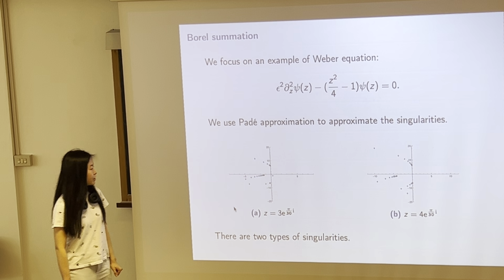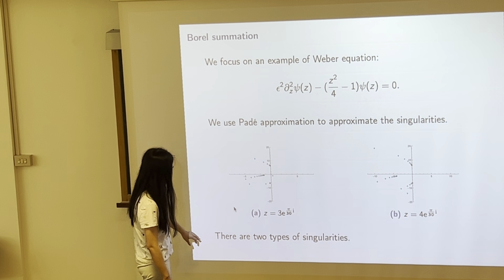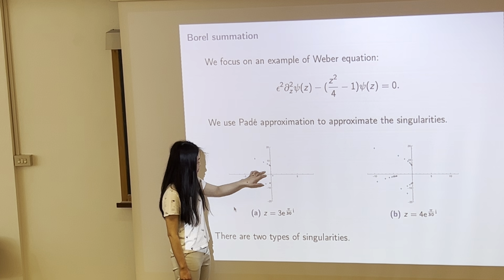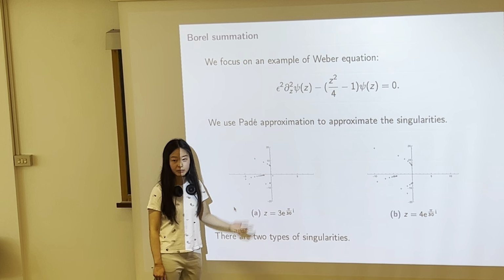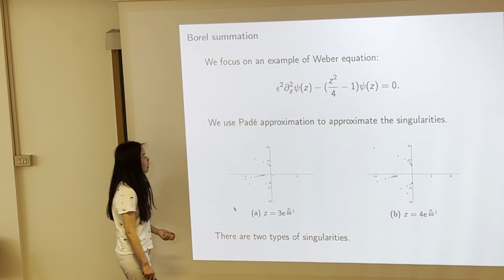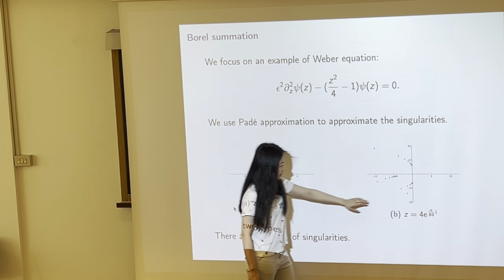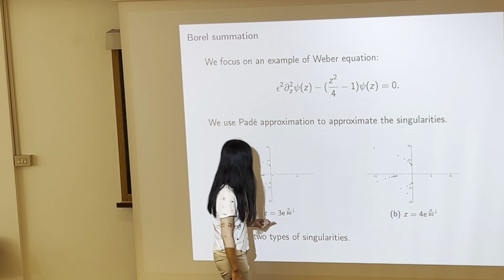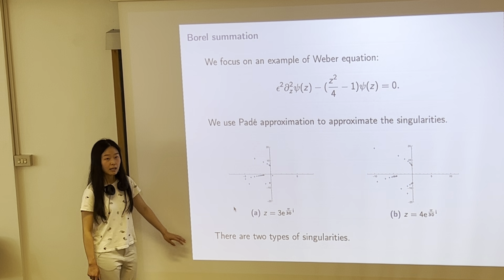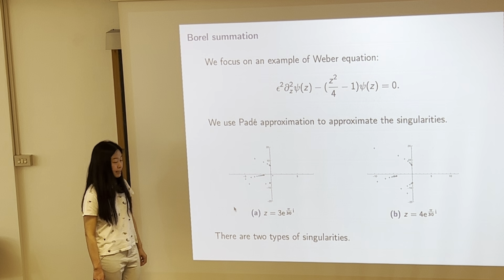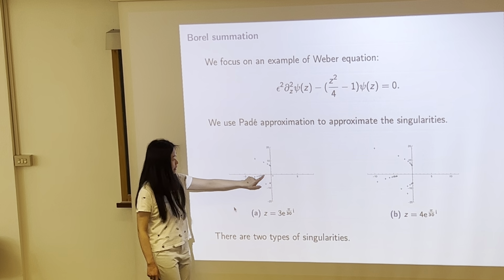Yes. And as I'm going to talk about now, I will give you some description of those singularities in terms of the physics quantities. Here I'm giving two examples of the Borel plane corresponding to different values of z. We can see in those two pictures that there are two types of singularities. One is this one in the middle.